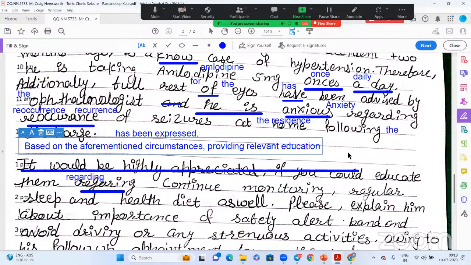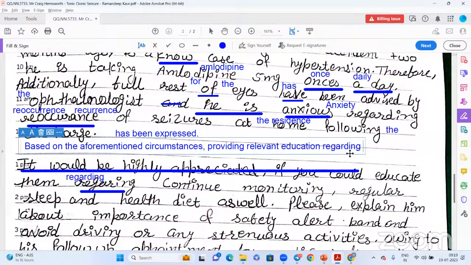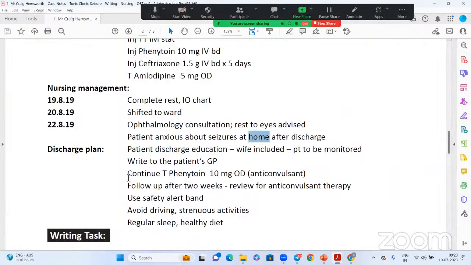Based on the aforementioned circumstances, provide relevant education regarding regular monitoring, regular sleep.